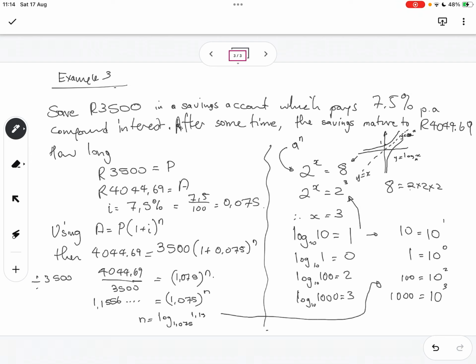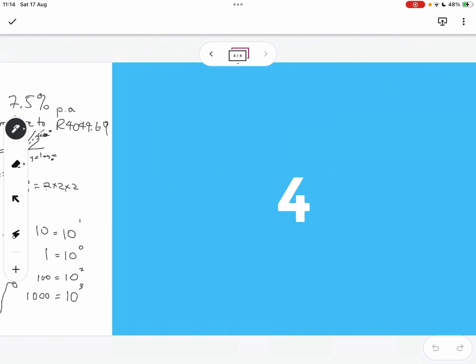So the base is 1.075. Now we need to find the log of 1.1556 something. And what we can do is, I'm out of space on this slide. We would have n equals log of 1.1556 something divided by the log of 1.075.